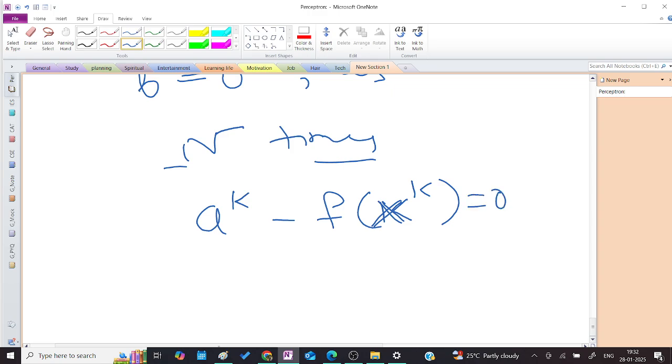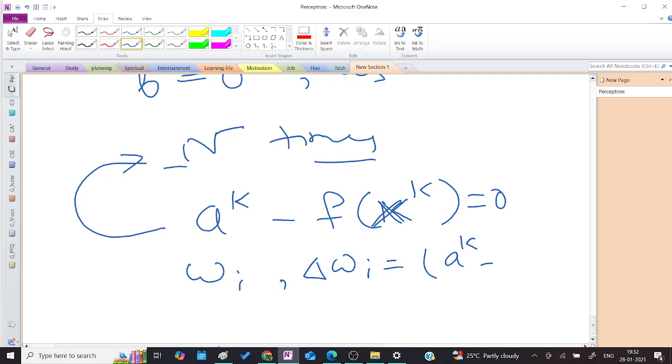And if it is 0, then we will continue. But if it is not 0, then we will update the weights. How? We will update it by using this formula. Change of the weight will be, times xi.